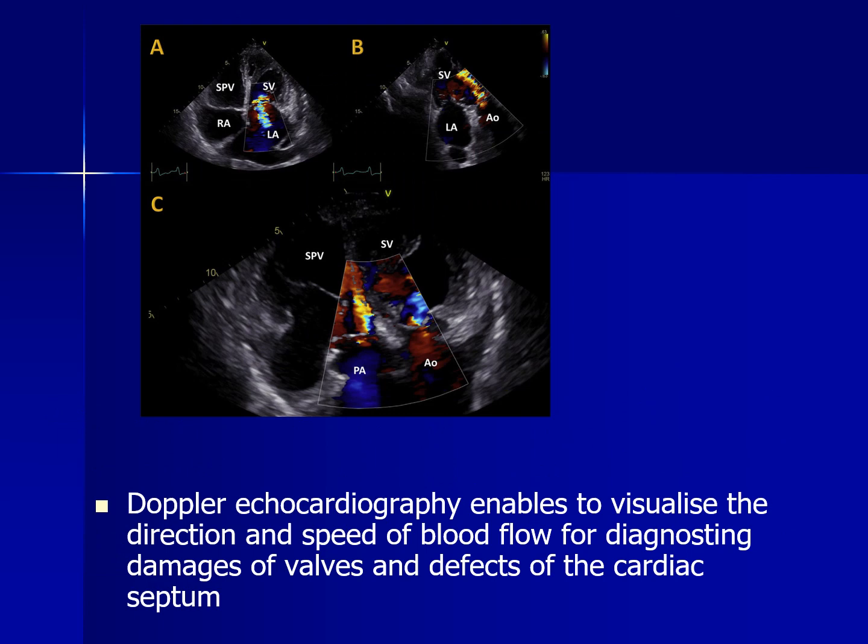Doppler echocardiography enables to visualize the direction and speed of blood flow for diagnosing damages of valves and defects of the cardiac septum. Here we can see ultrasound images with the use of Doppler effect.